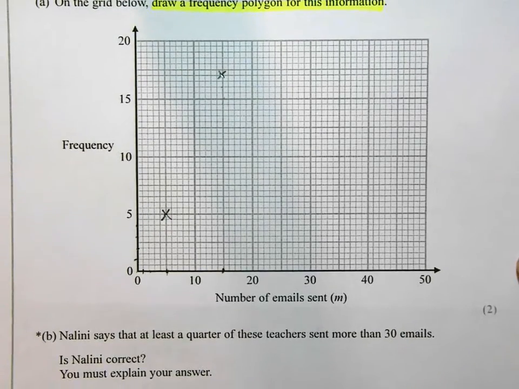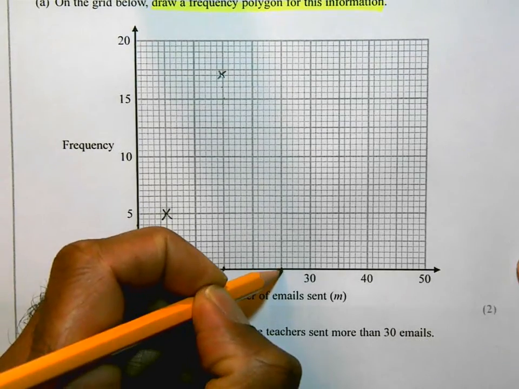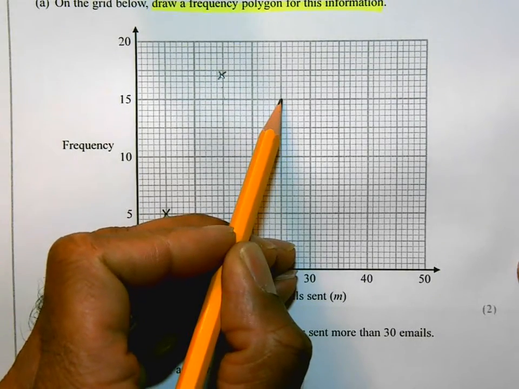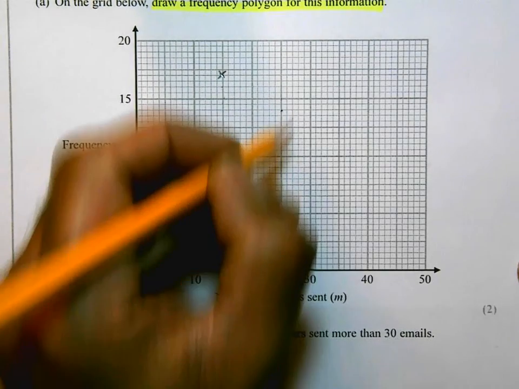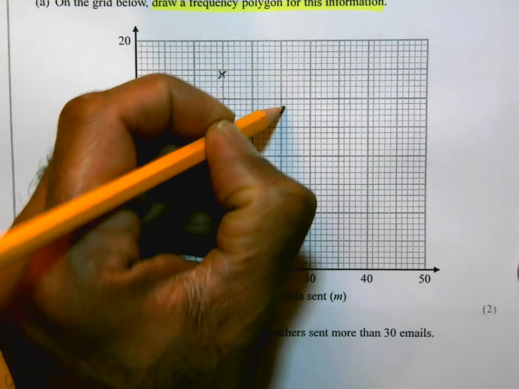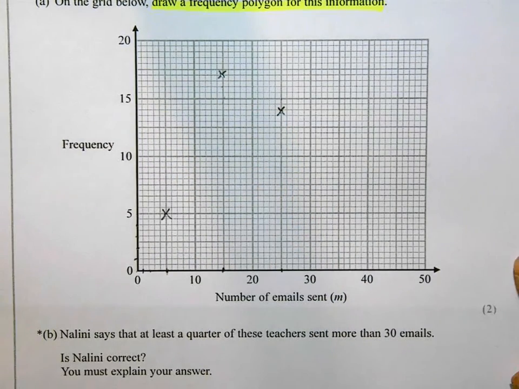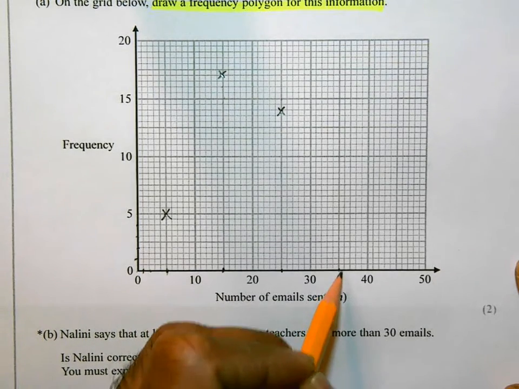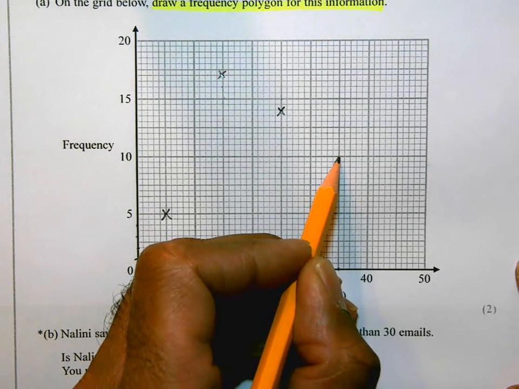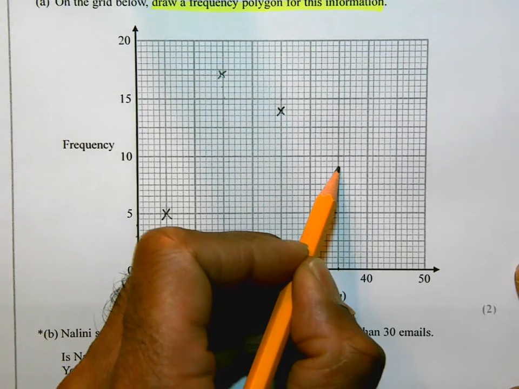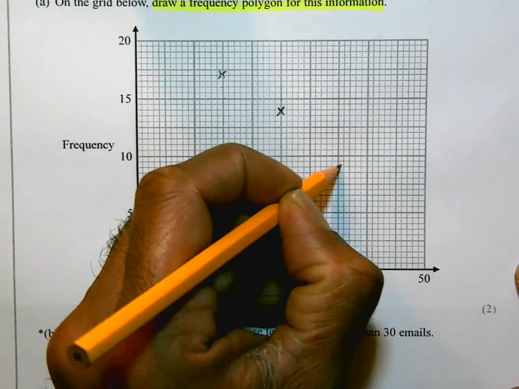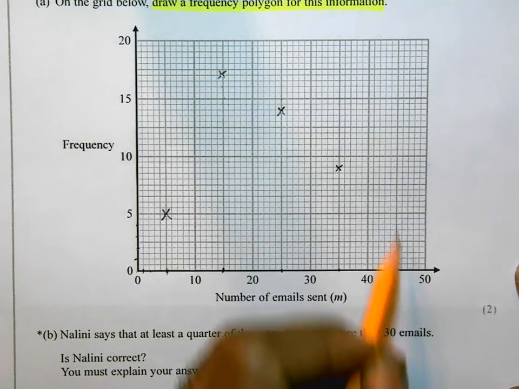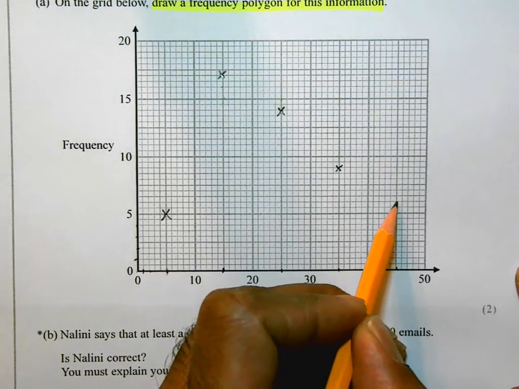So if I go 15 and down 1 unit or 2 tiny squares, the next is 35 and that has a frequency of 9. I'm going to do a similar thing from 10. If I come down 1 unit, which would be 2 squares, and then finally 45 goes up to 6, which is 5, then up 2 squares to 6. So there are the points of my frequency polygon.